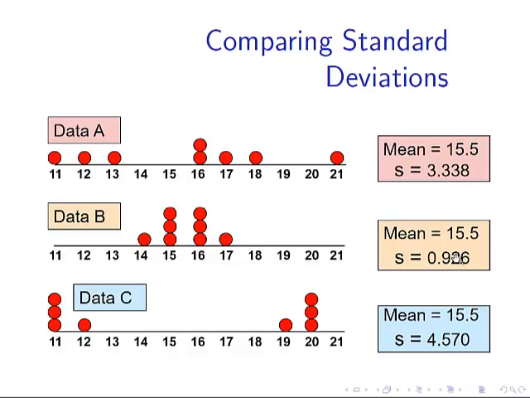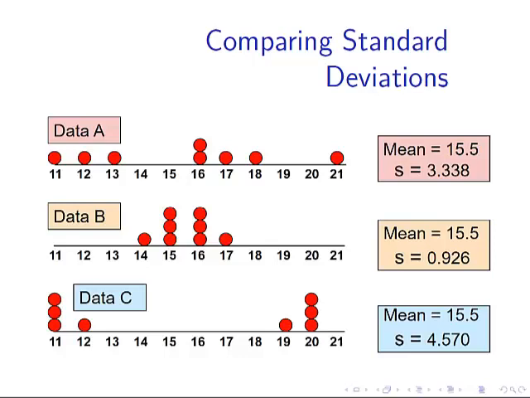This again explains to us what standard deviation calculates. Standard deviation calculates the average distance from the mean. If the standard deviation is bigger, it means that the values in the data set are far away from the mean. If the standard deviation is smaller, it means that the values in the data set are very close to the mean, as in B.